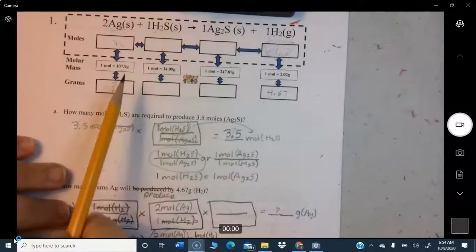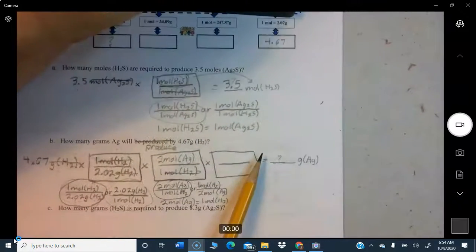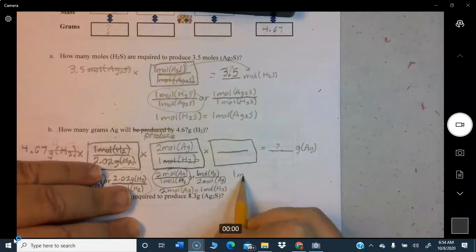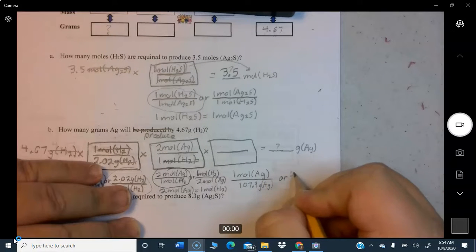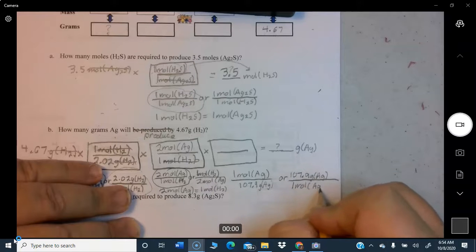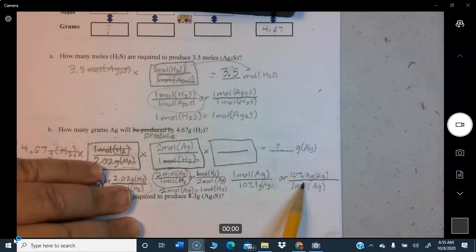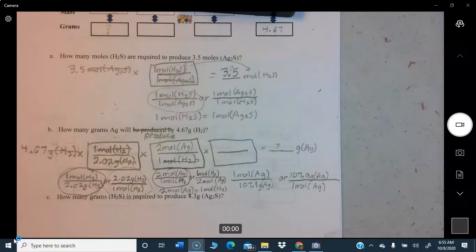So you already see the conversion, so I'm not going to write it again. I'm going to just write the ratios. Okay, so my two ratios kind of slipped over to the side here. So which one of these two is going to go into that last box?